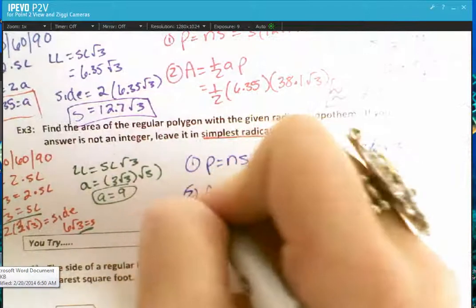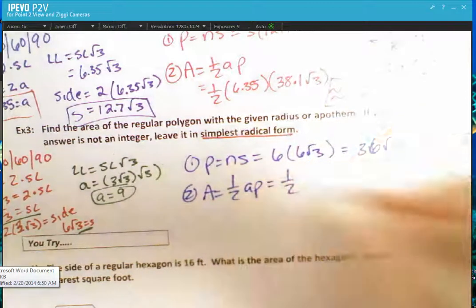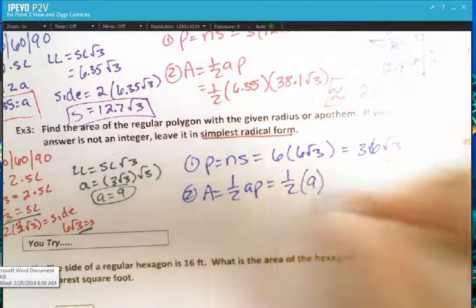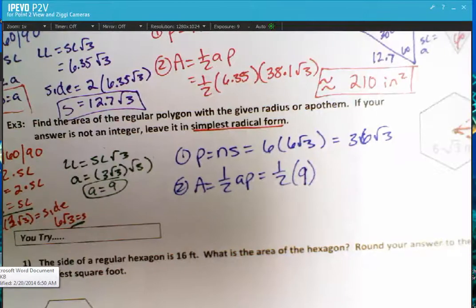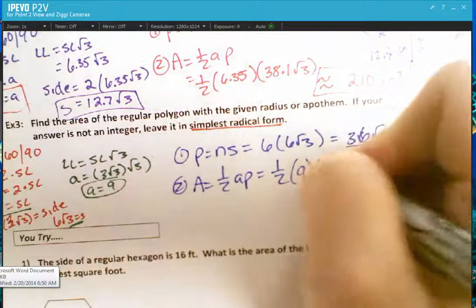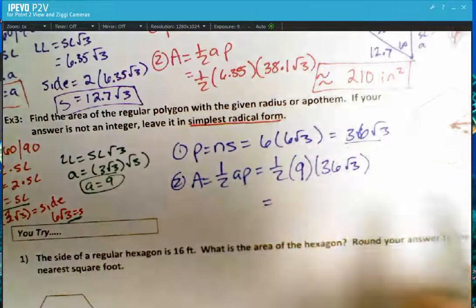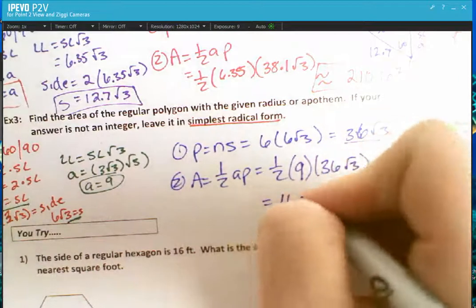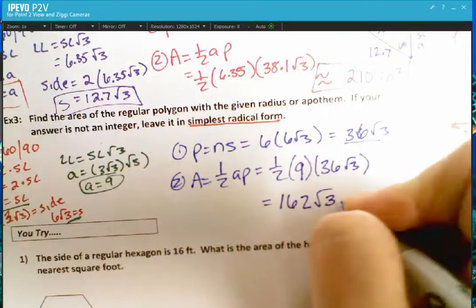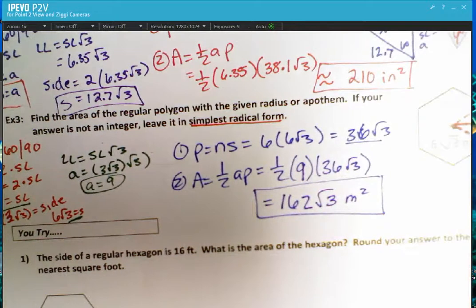My area equals 1/2 AP, which is equal to 1/2 our apothem we found as 9, times my perimeter, which we just found up here, is 36 rad 3. Half of 36 is 18 times 9, that's 162 rad 3 meters squared, because it said to leave it in simplified radical form.